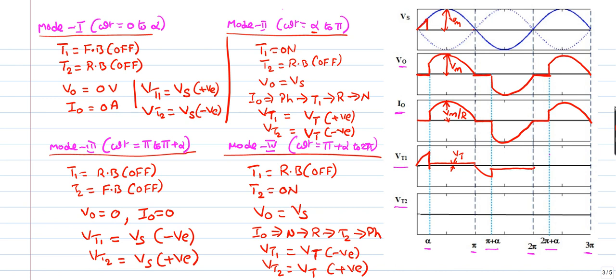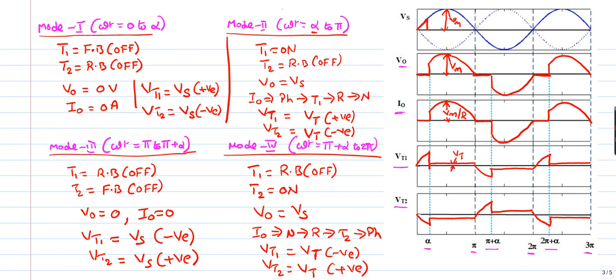Again mode 1 plus Vs, mode 2 plus Vt. Similarly, for Thyristor 2 the voltage during mode 1 is minus Vs, during mode 2 minus Vt, during mode 3 plus Vs, during mode 4 plus Vt. Again mode 1 minus Vs, mode 2 minus Vt.